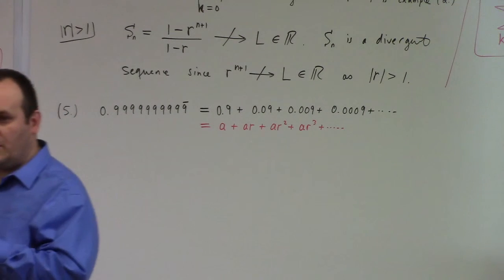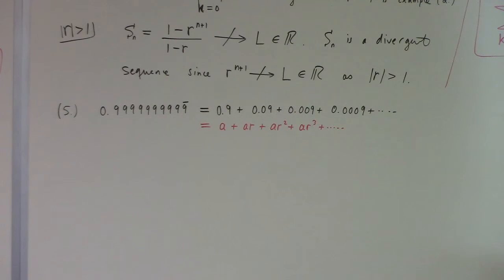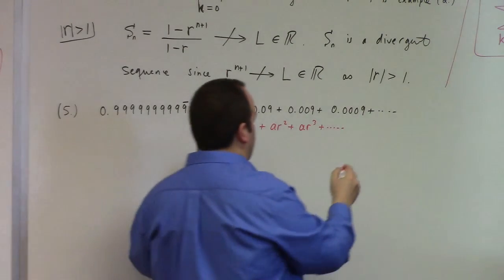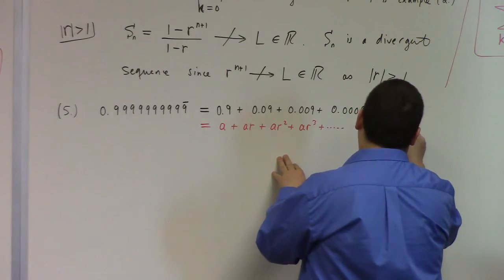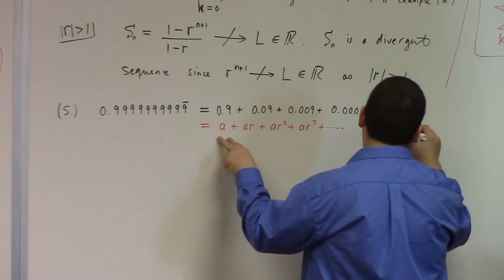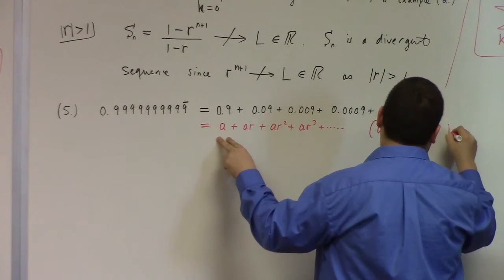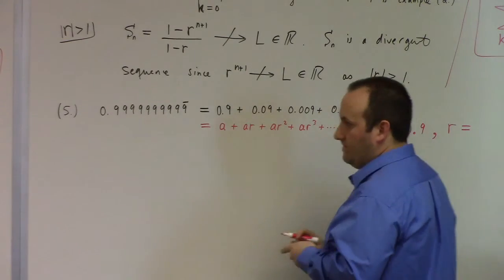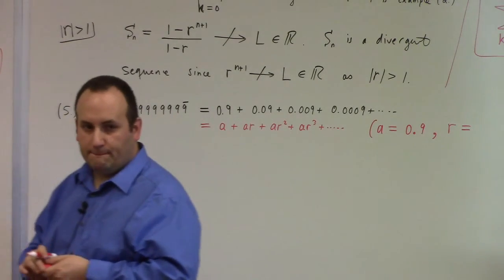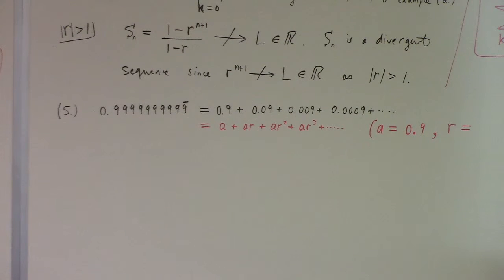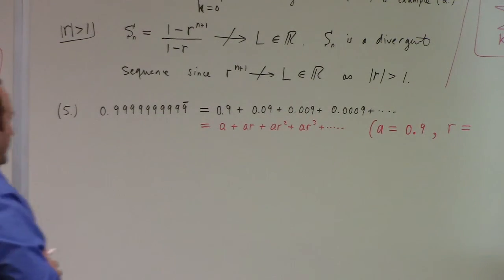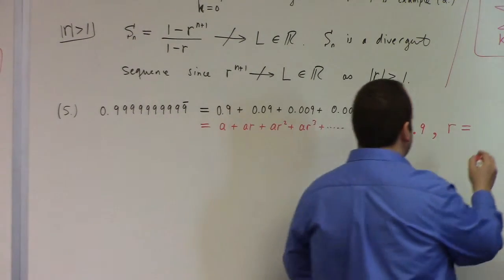a is the first term, right? And so here, a equals what? a equals 0.9. What's r equal to? 0.1? Let's see here.